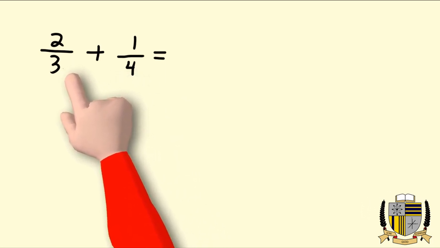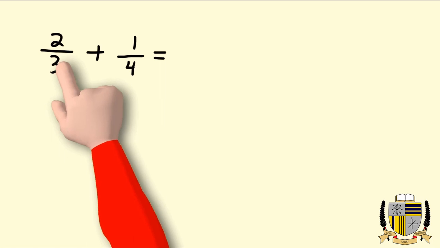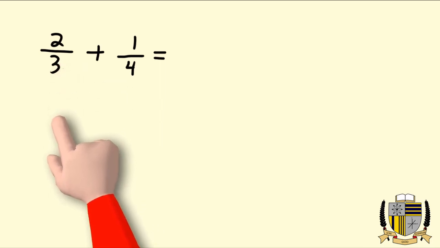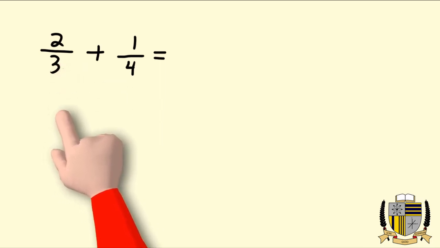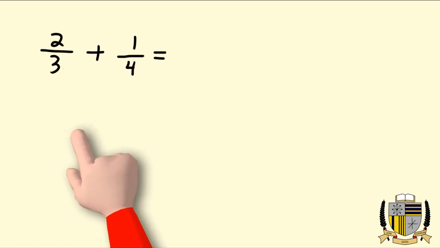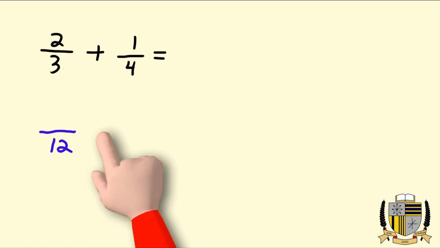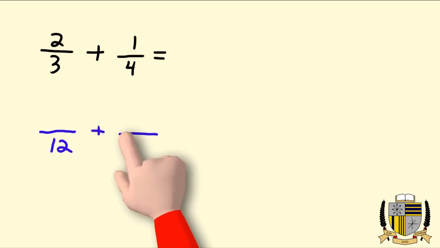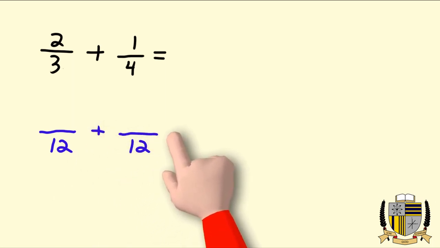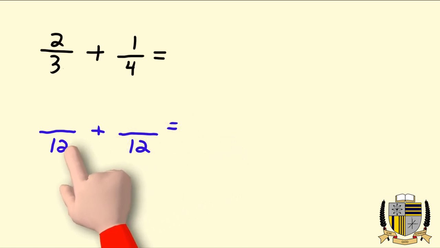So pretty much this is how I would do it. I would say, okay, 12, put a plus, 12. This is going to be my new fractions. 12 is going to be the common denominator.